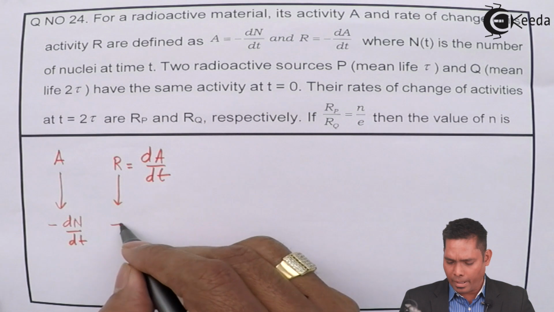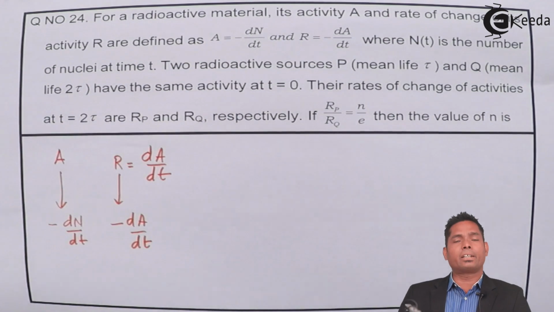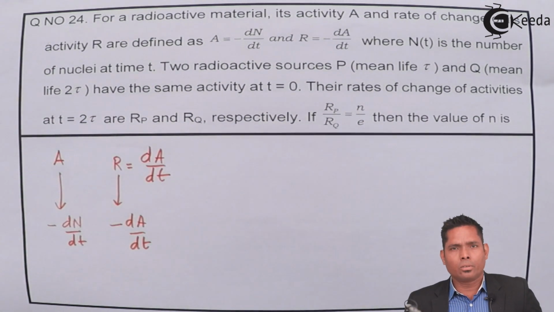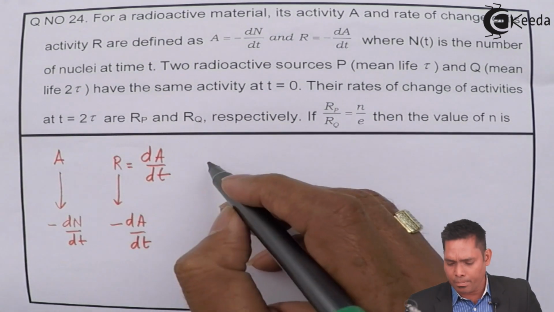The minus sign indicates that the number of nuclei will decrease with time, so that's why it is minus.